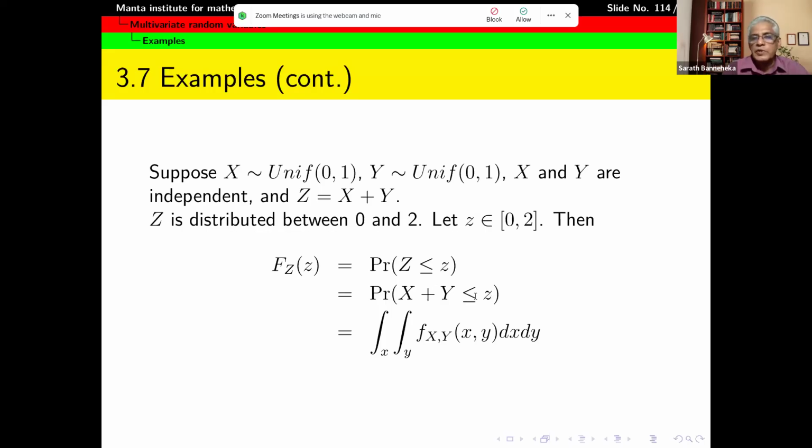So in order to get this probability, naturally, we have to integrate the joint density function of X and Y with respect to X and Y over all possible X and Y satisfying this condition, right? So again, as we did in the previous example, usually I keep the X value fixed and then consider a vertical stripe, and then integrate the joint density over that stripe.